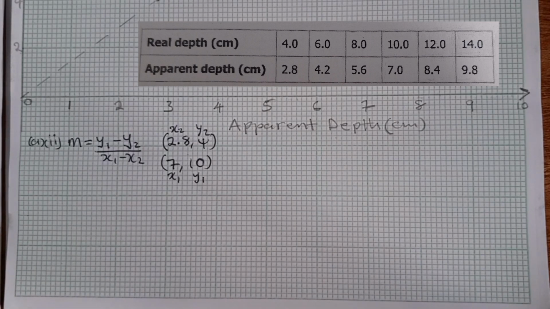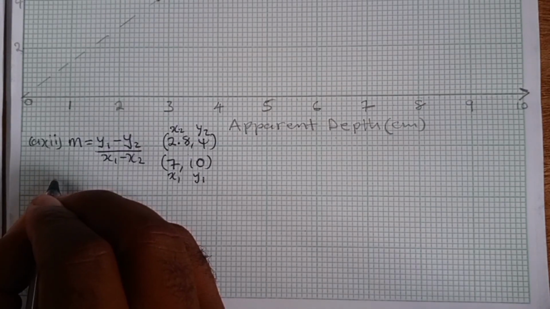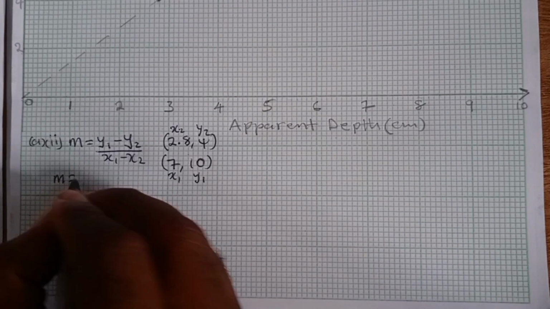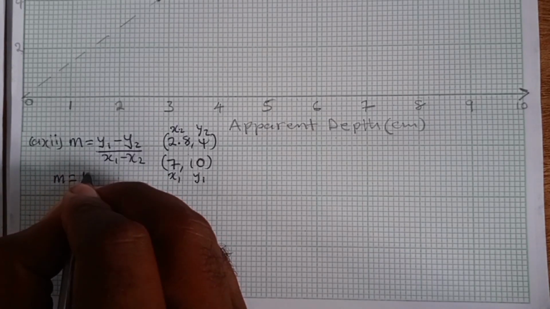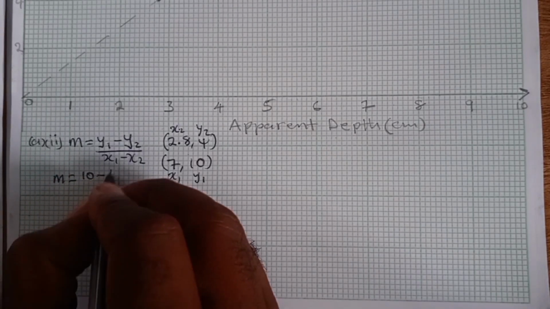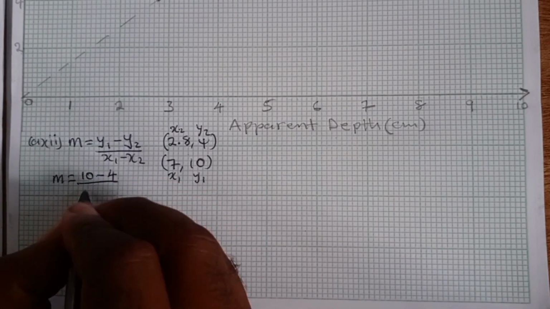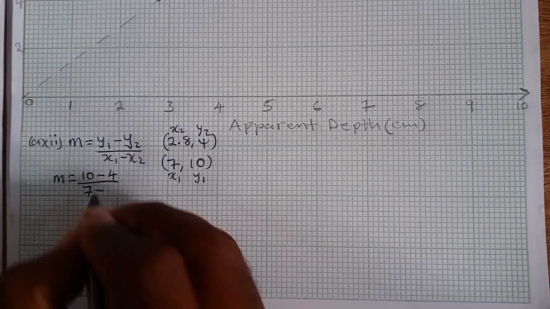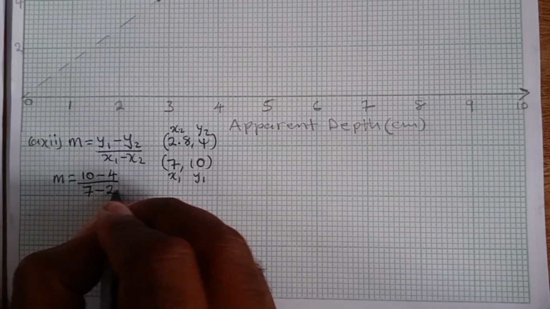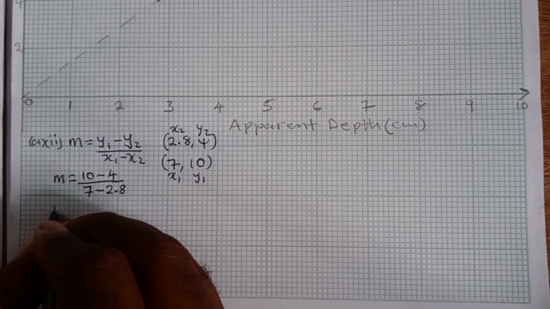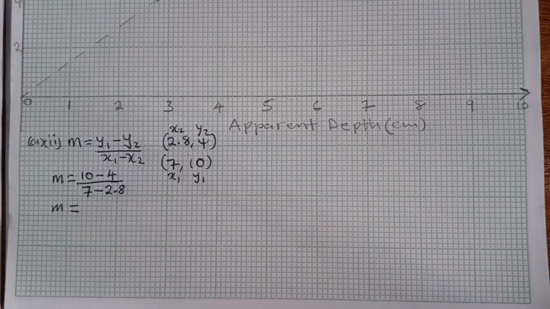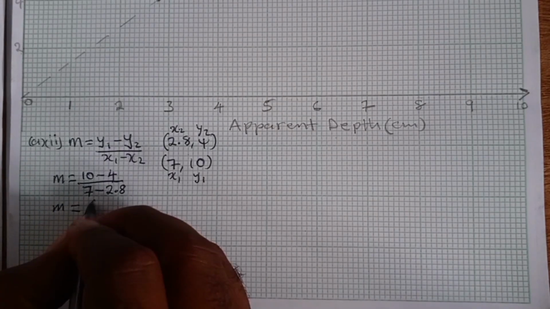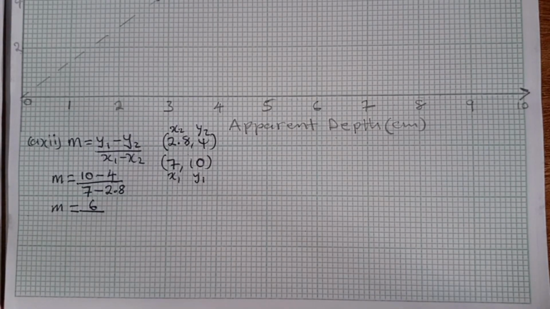From there we substitute: gradient is equal to y1, which is 10, minus y2, which is 4, over x1, which is 7, minus x2, 2.8. So gradient is equal to 10 minus 4, it is 6, over 7 minus 2.8.